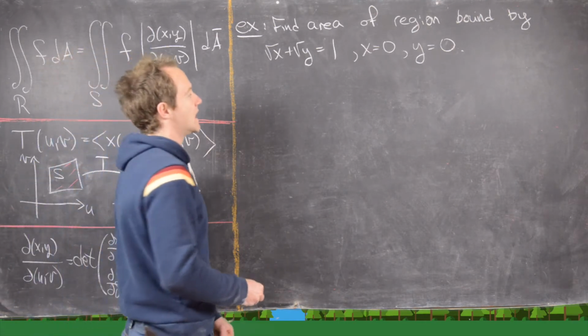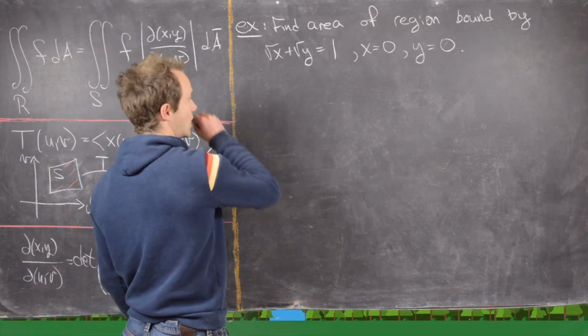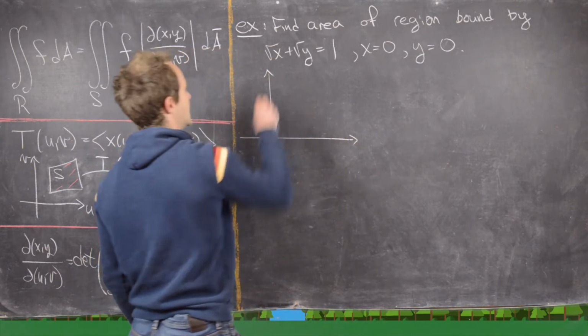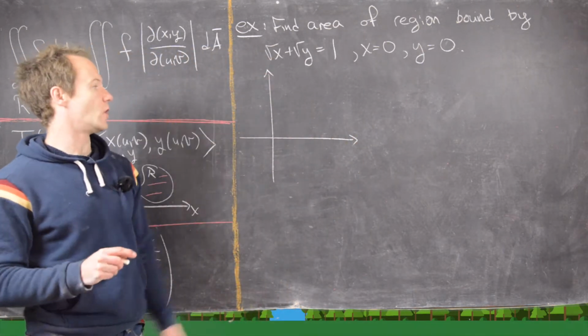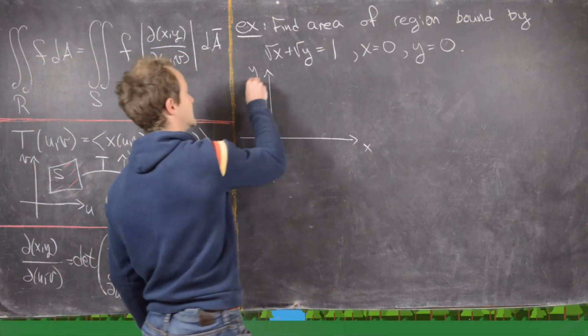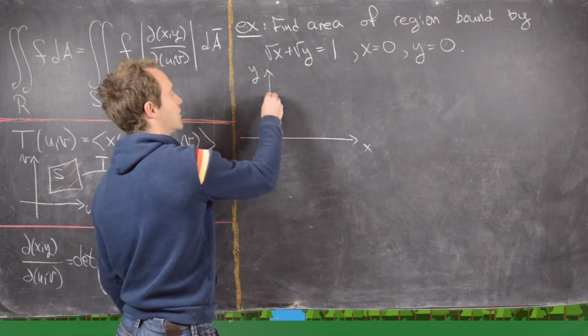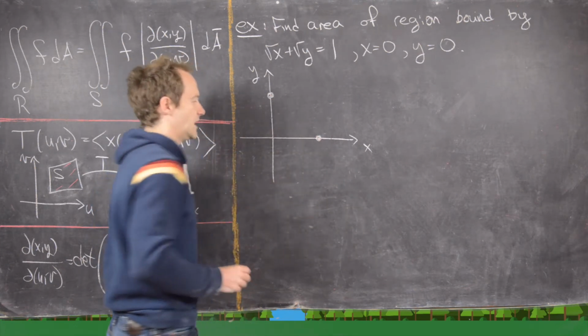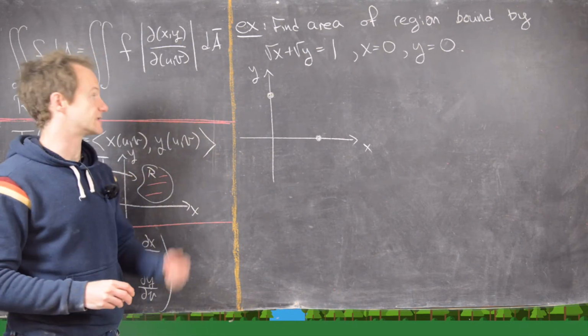Okay, so the first thing that I want to do is draw a picture of this. And first, notice that this curve only exists in the first quadrant, so that's something that's maybe important to notice. And it also goes through the points (0, 1) and (1, 0). In other words, it crosses the x and the y axis like that.